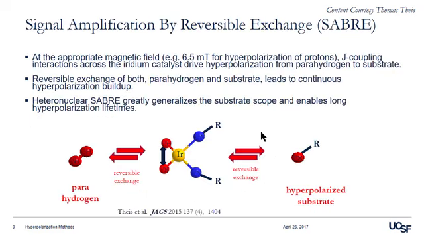Here is more description of the SABRE technique, which is one of the emerging and promising approaches for parahydrogen methods, relying on a catalyst. Depending on how you do it, you can increase the scope of what type of agents you can polarize and how efficient that is.